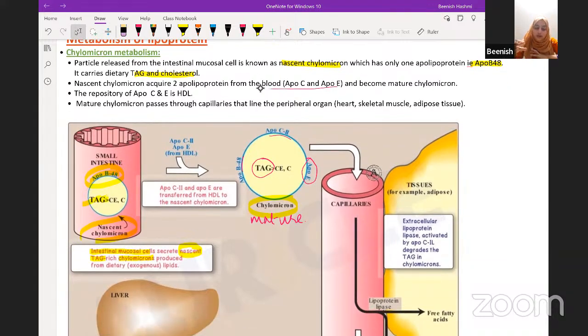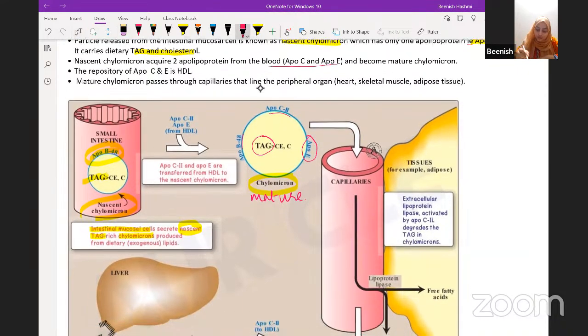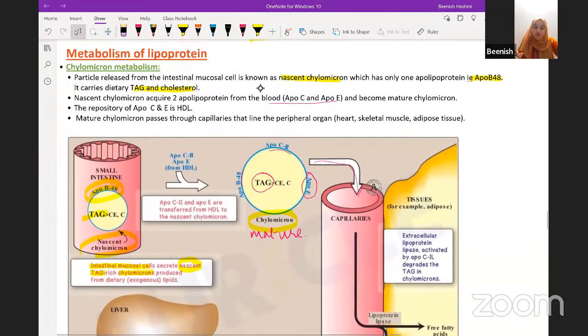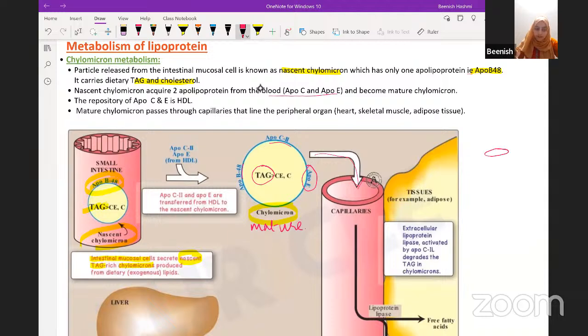Now this mature chylomicron will pass through the capillaries that line the peripheral organs like your heart, skeletal muscle, and adipose tissue. If I make a simpler diagram, suppose this is your mature chylomicron. It is going to pass through capillaries which are lining your peripheral organs, let's suppose this is some peripheral organ.